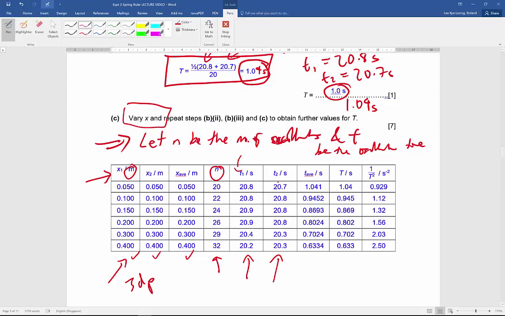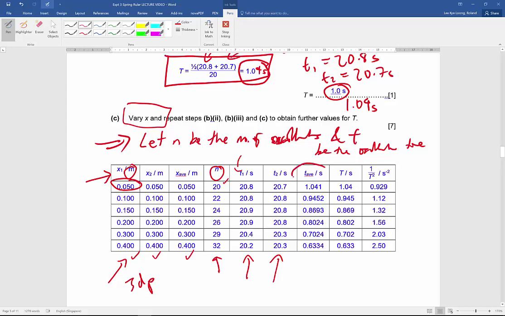So you must put the number of oscillations such that the oscillation time is at least 20 seconds. So how do you do it? For the first value, I'll do the experiment and let it run. The moment it hits 20 seconds, then I'll stop at the next oscillation. So in this case it is 20 oscillations. Then when I repeat, I also use 20 oscillations. Okay, so that's how it goes.